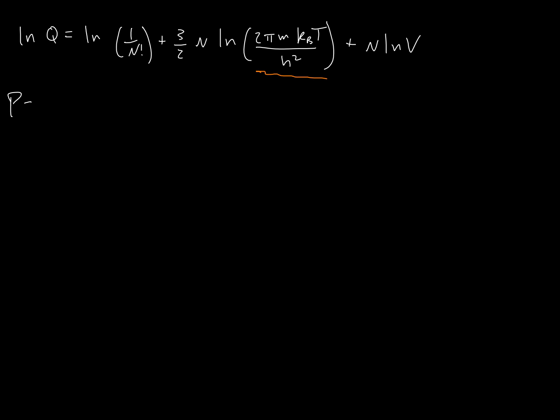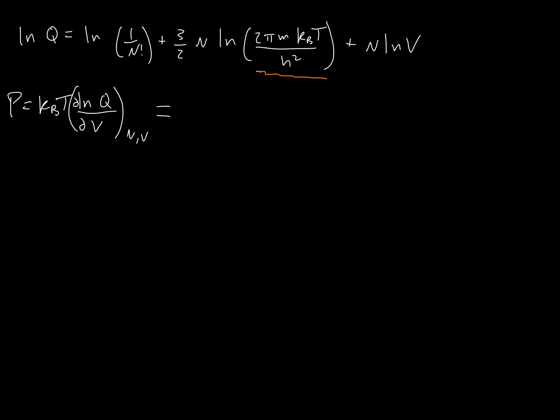So for the pressure, it is the partial derivative of the log of the partition function with respect to volume, and then we multiply by kBT. So in the expression above, which terms do we have left? What goes away, which remains?